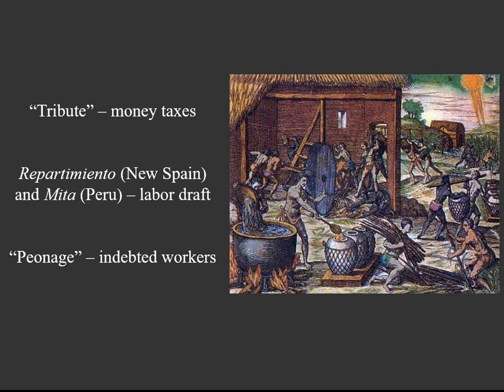So each of these labor systems often coexisted in the same localities, and sometimes amongst even the same workers working the same land. So some might be mita or repartimiento workers, and working right next to them might be peonage, debt slave workers. And this went on for years and years.